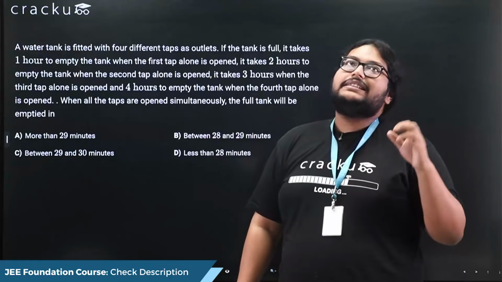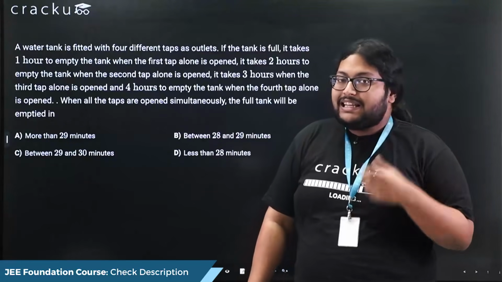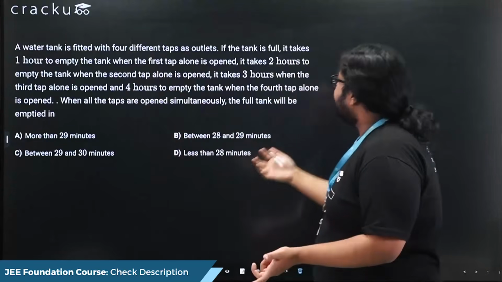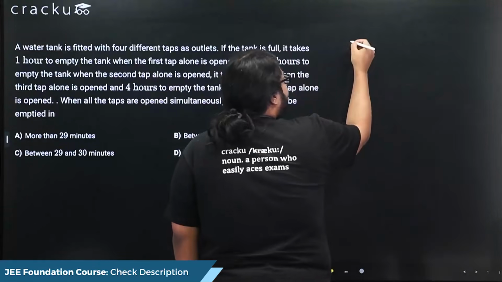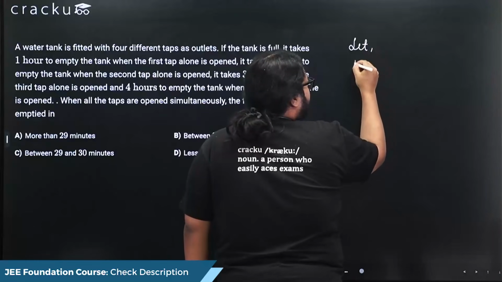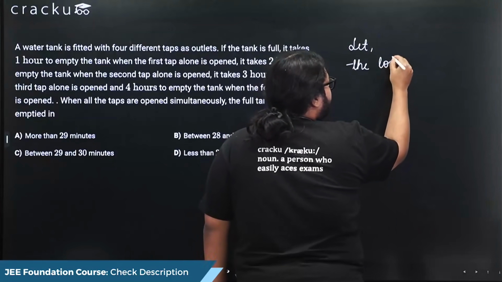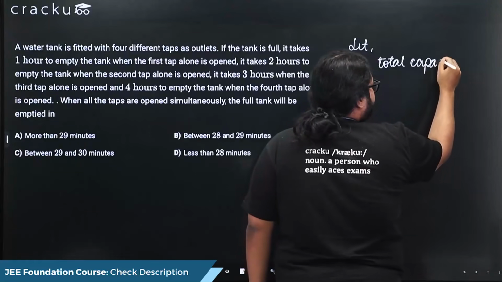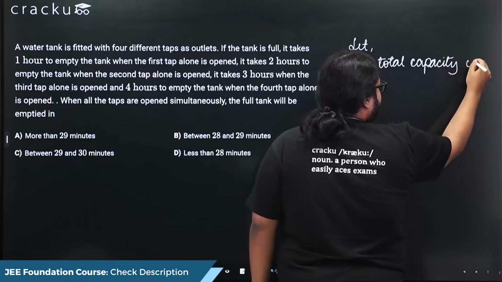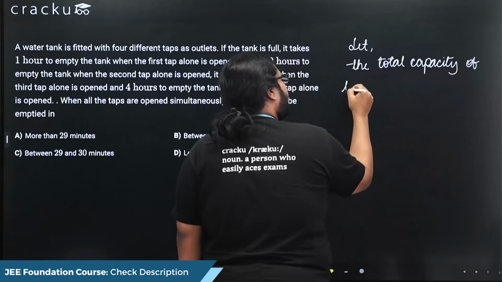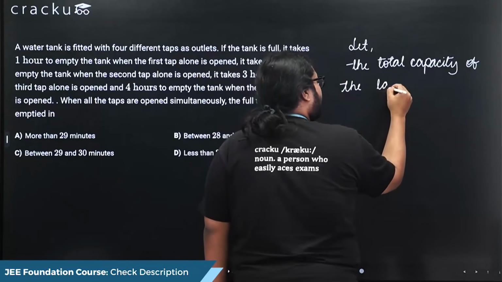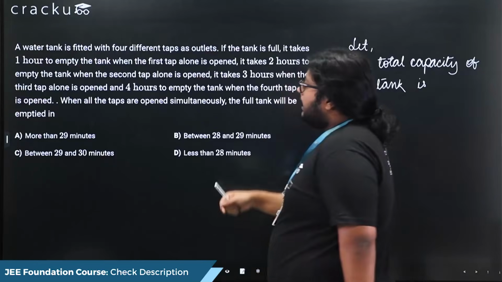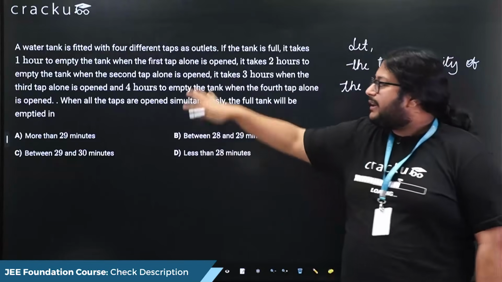In this case, there can be multiple approaches. The easiest one is to assume one quantity. So we'll begin by saying, let the total capacity of the tank be something I would want to be divisible by all these 4 numbers.